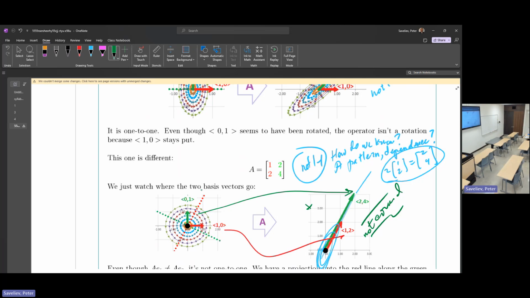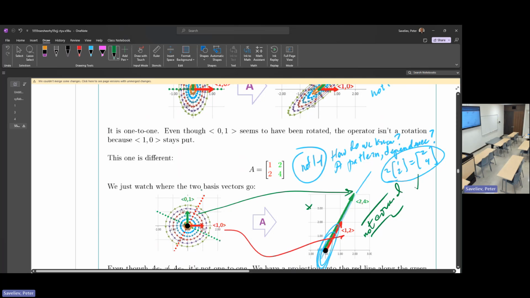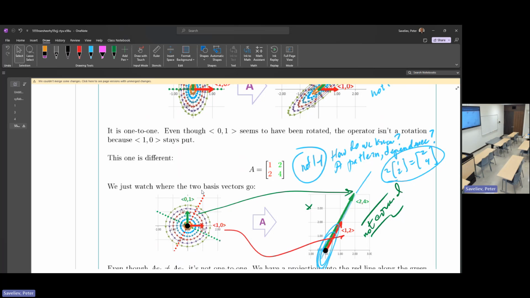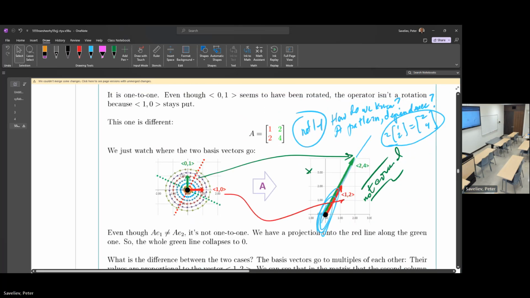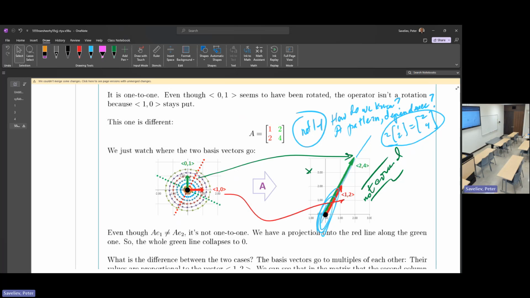Okay, and if you want to be specific, let's think of two vectors that go to the same place.